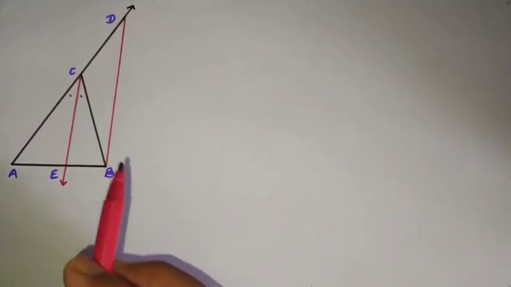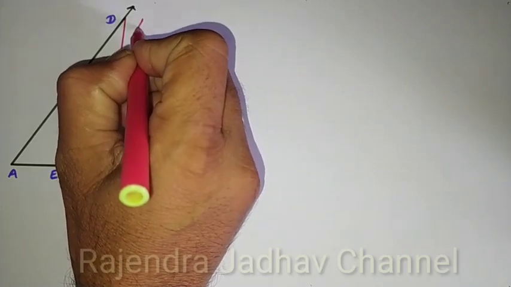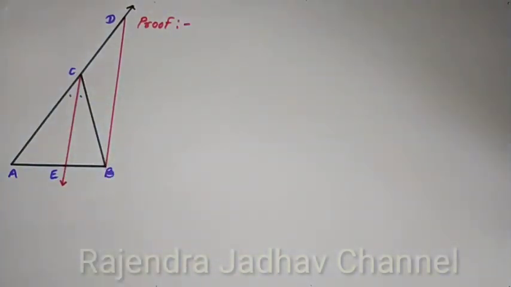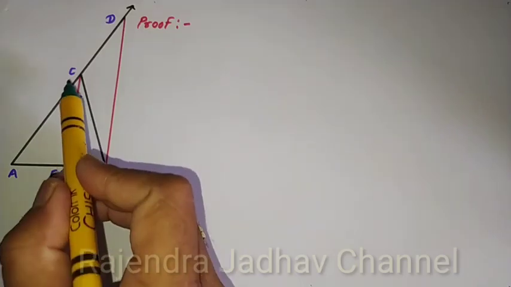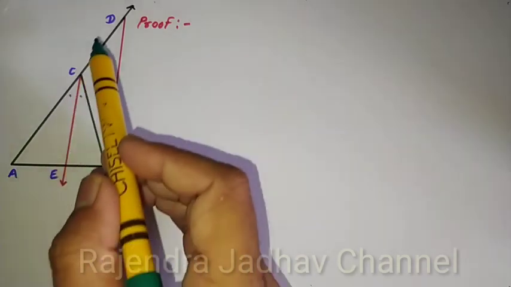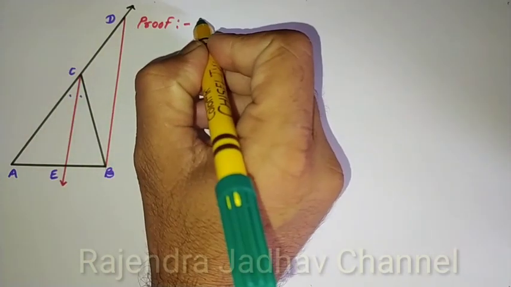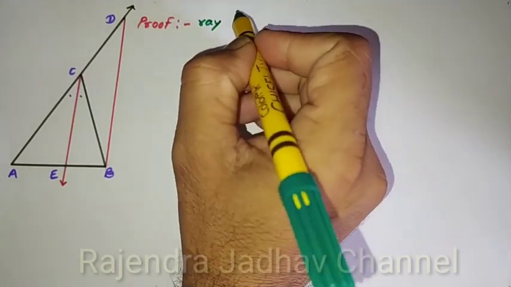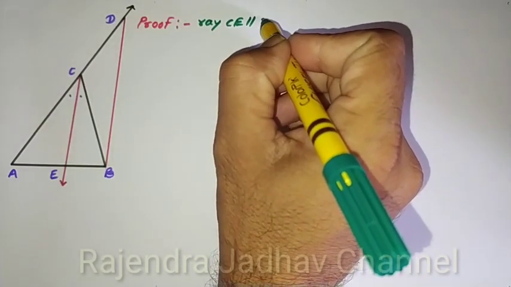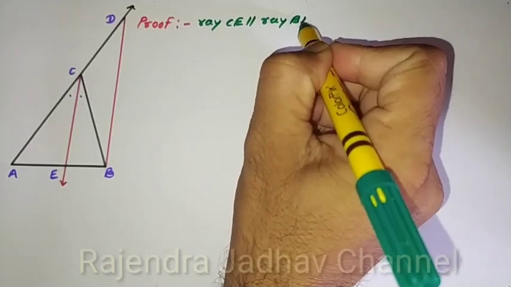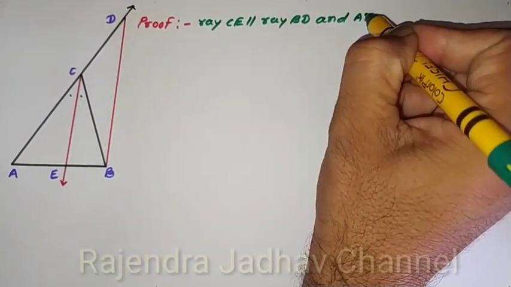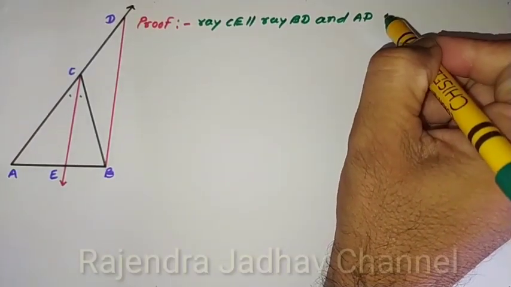See the proof of this theorem. Ray CE is parallel to ray BD and AD is a transversal.